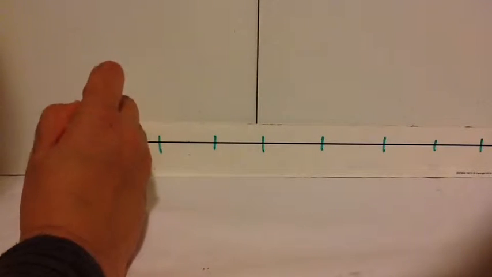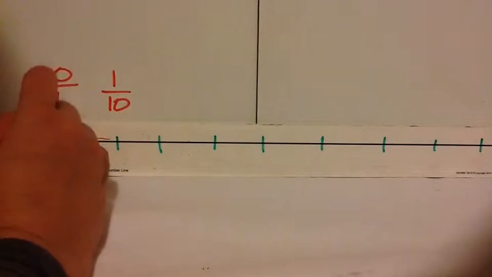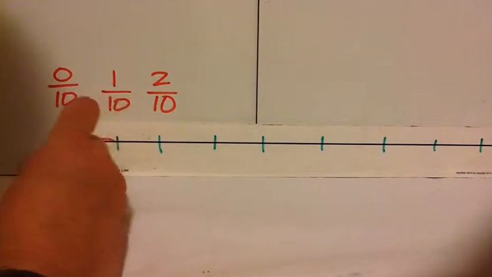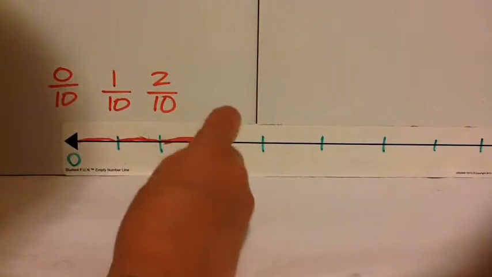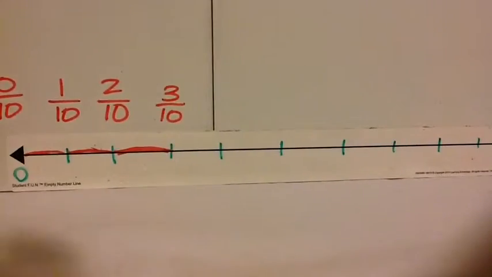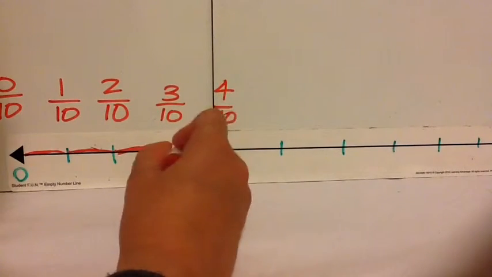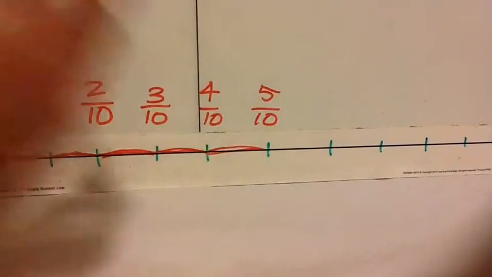So if this is 10 pieces, then this is 1/10, so then this is 0/10. This would be 2 out of 10. Okay, so that's 1 out of 10. So if these 2 were shaded in, that would be 2 out of 10. If these 3 are shaded in, that's 3 out of 10. If these 4 are shaded in, that's 4 out of 10. If these 5 are shaded in, that's 5 out of 10.